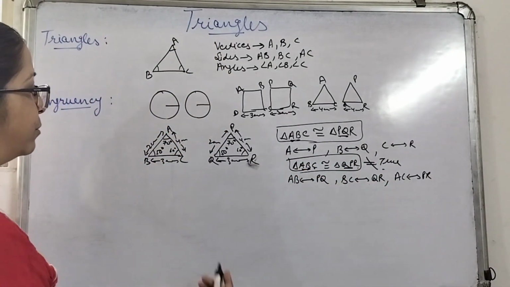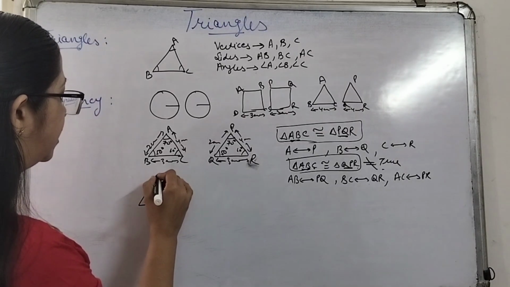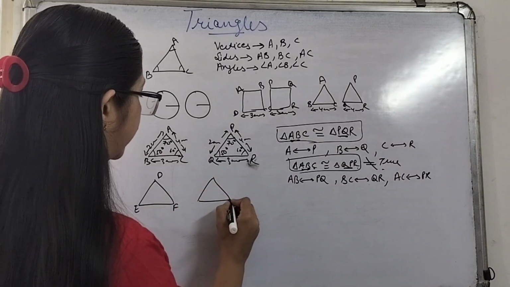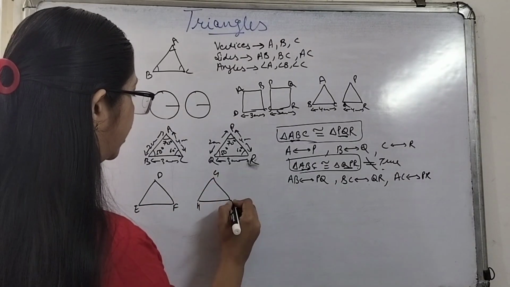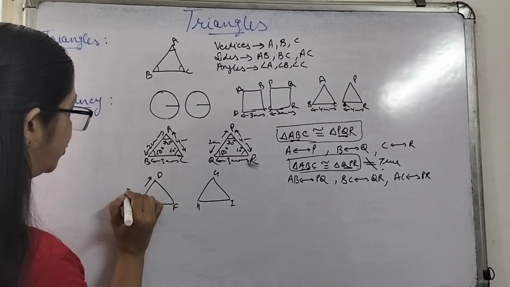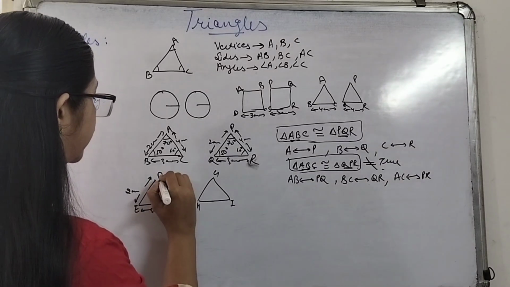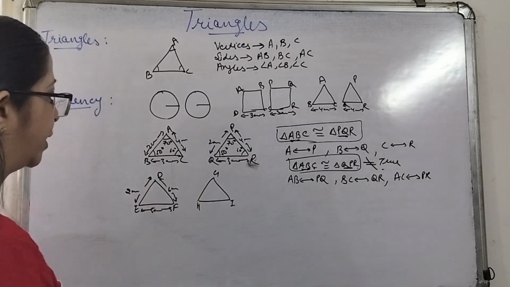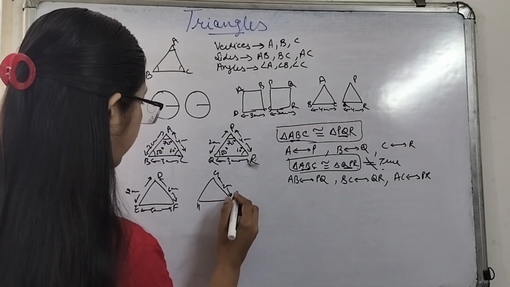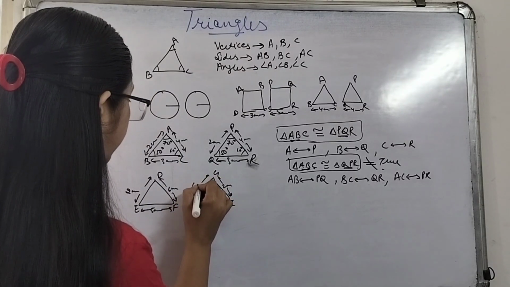Similarly, if I am going to take one more example, say this is a triangle DEF, and this is a triangle GHI. Suppose I am saying this is 2 centimeter, this is 5 centimeter, and this is 6 centimeter. Similarly, in this case, it is 2 centimeter, then 5 centimeter, and 6 centimeter.